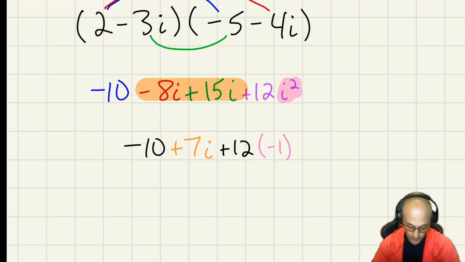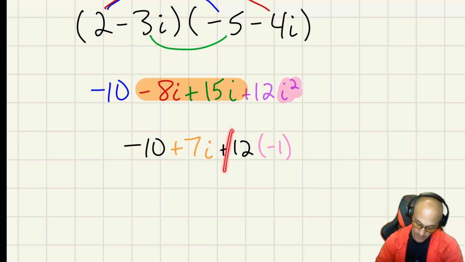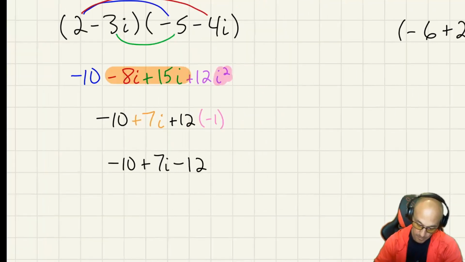So now this positive 12 times negative 1 is going to be a negative 12. And now the last thing to do is combine the negative 10 and the negative 12, and that's going to be negative 22 plus 7i.